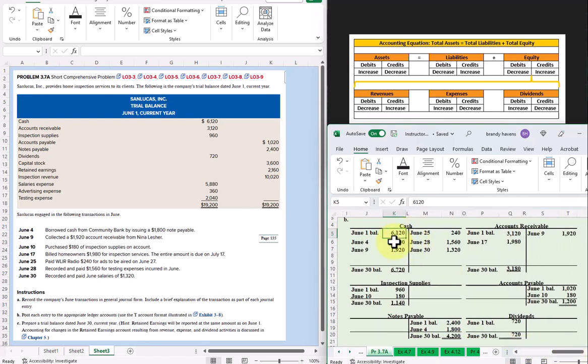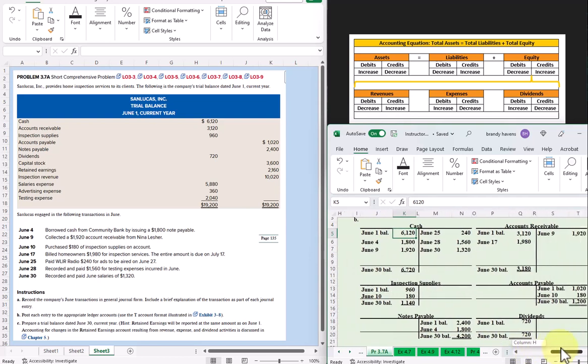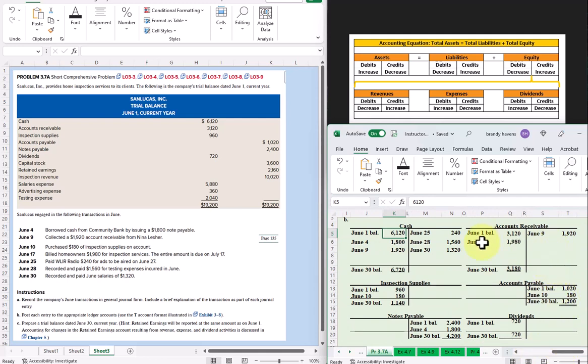Okay, so you can see the debit here for $1,800. And we just go through each of those transactions here, and we're going to post these debits and credits to the accounts indicated. And once we do that, that allows us to compute the ending balance in each account.